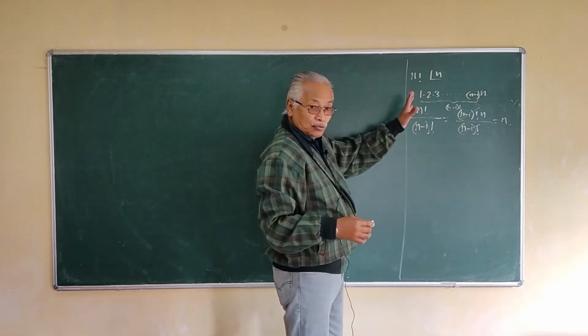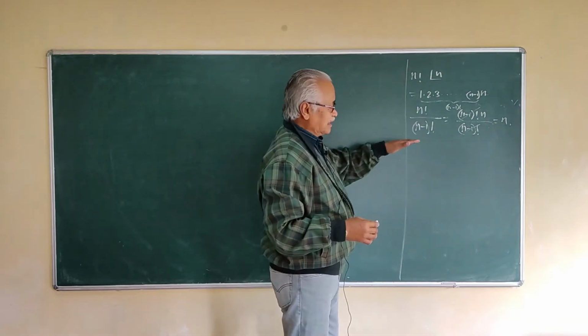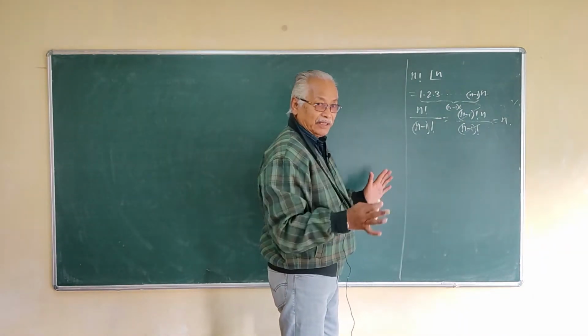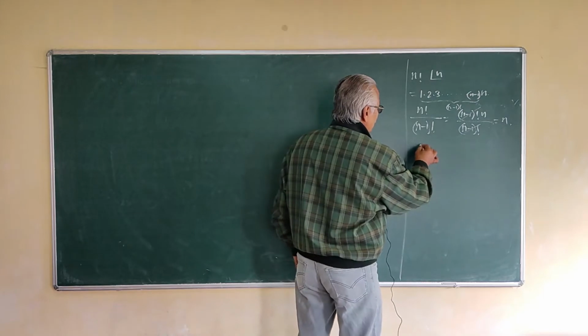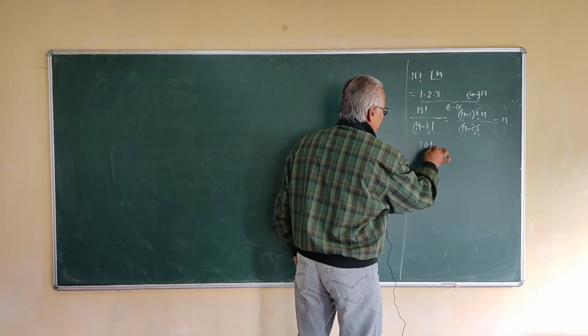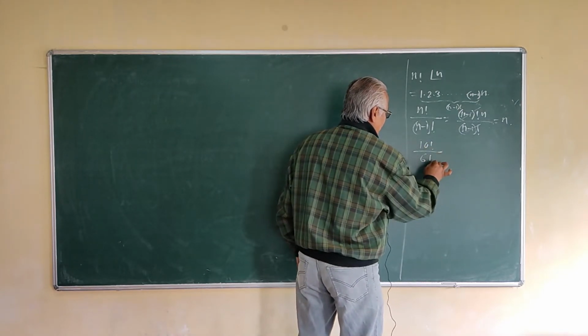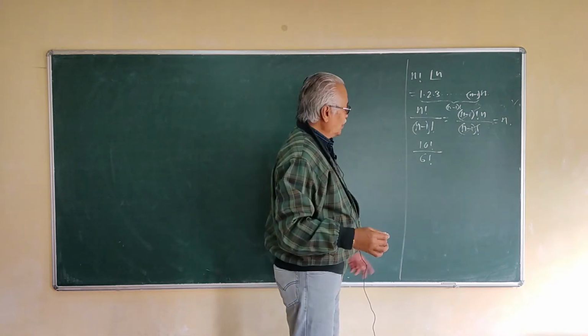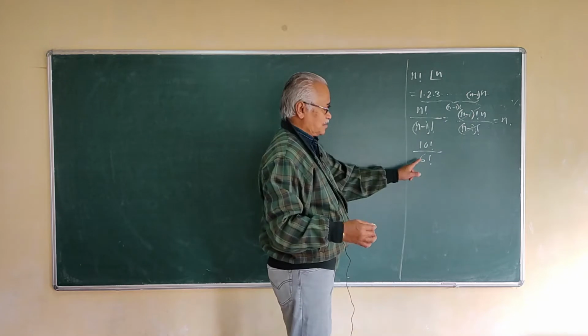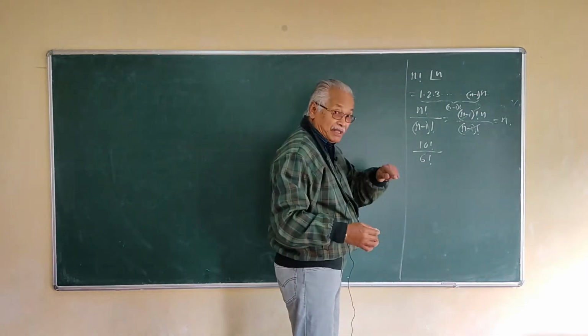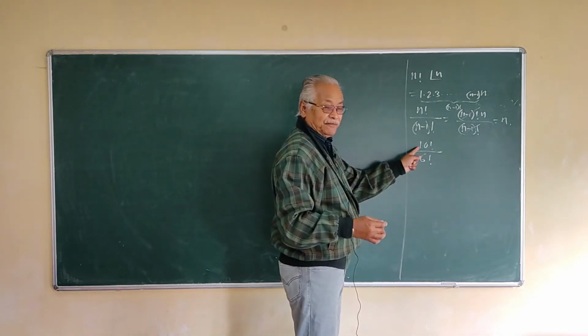So you have got to get used to this sort of technique of cancelling the factorials. For example, suppose I have 10 factorial divided by 6 factorial. Now we know that 1, 2, 3, 4 multiplied up to 6 gives us 6 factorial, which is very much present in 10 factorial.